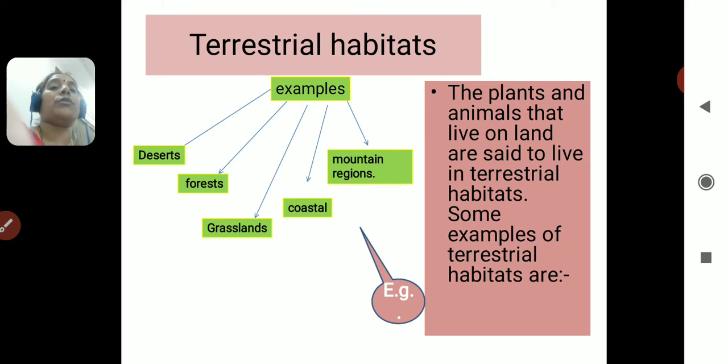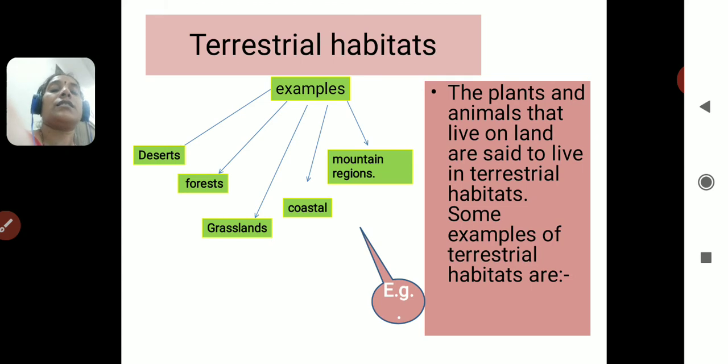And if we talk about forest, there is wet soil and a moderate climate. Soil is also a habitat of a huge variety of tiny organisms.